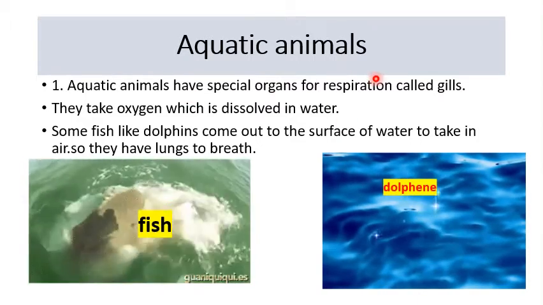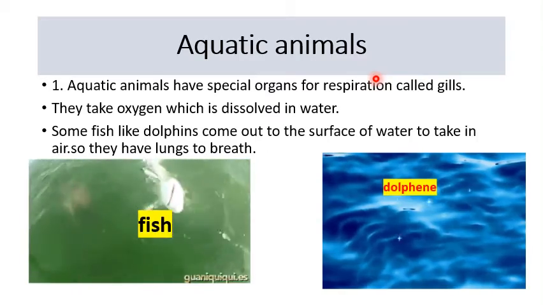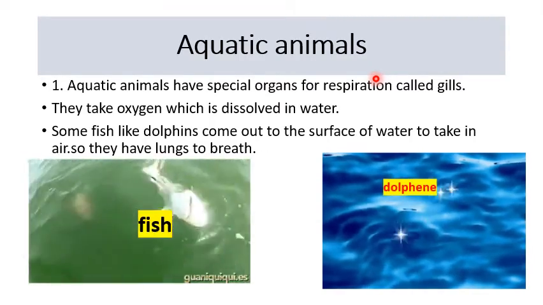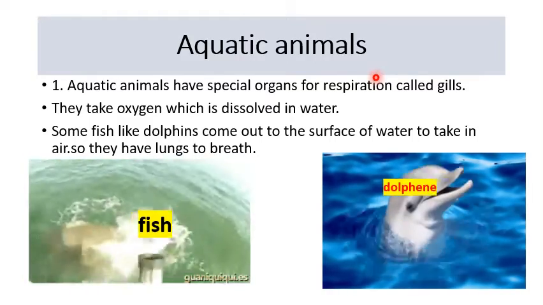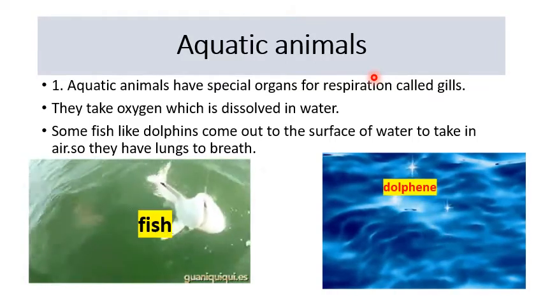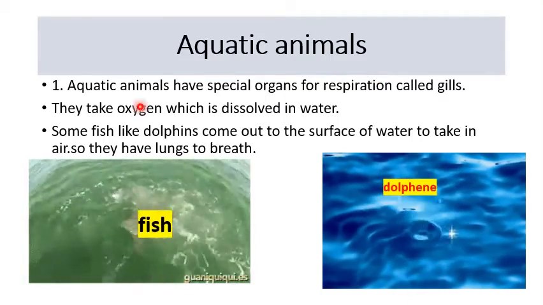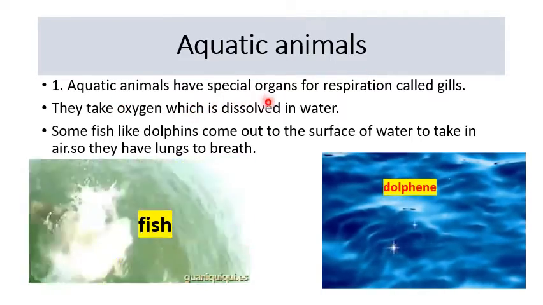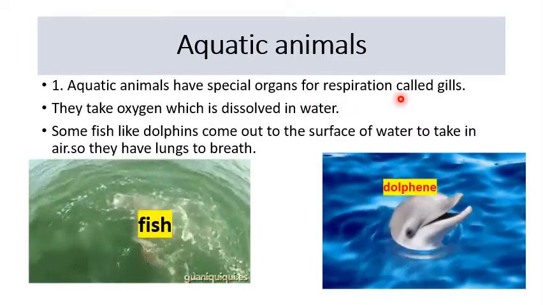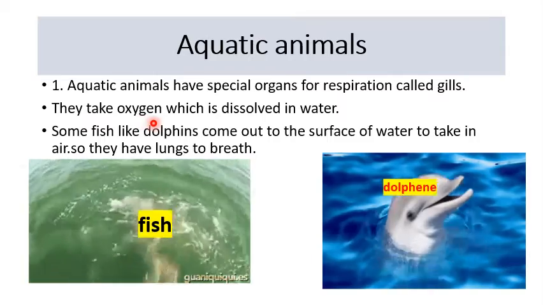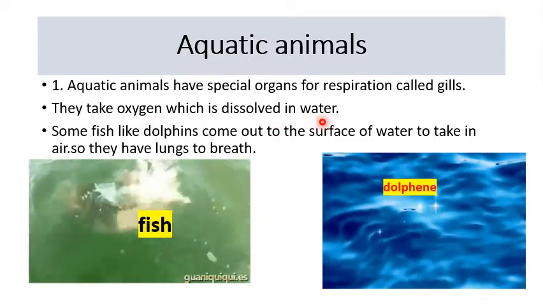Aquatic animals. So you know my dear students, air is very important for breathing. So aquatic animals also take oxygen for breathing. But how? Aquatic animals have a special organ for respiration called gills. They take oxygen which is dissolved in water.